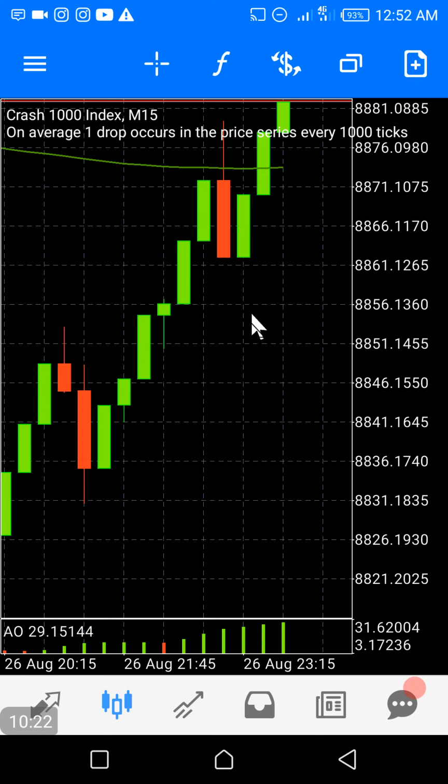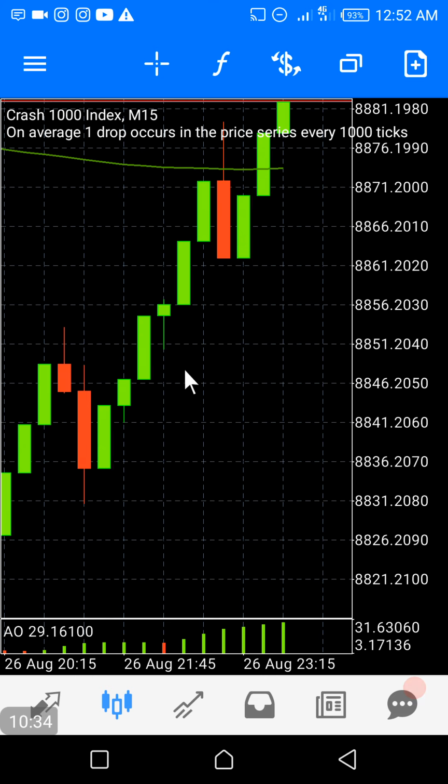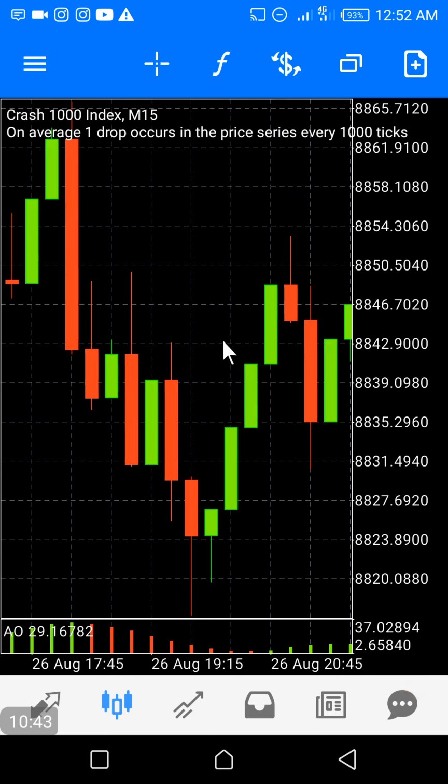Or am I seeing this at the neckline of a chart pattern? Because it's very important. If you are seeing this at a support level, it's telling you that the market is about to reverse from whatever direction, or it's about to go up.